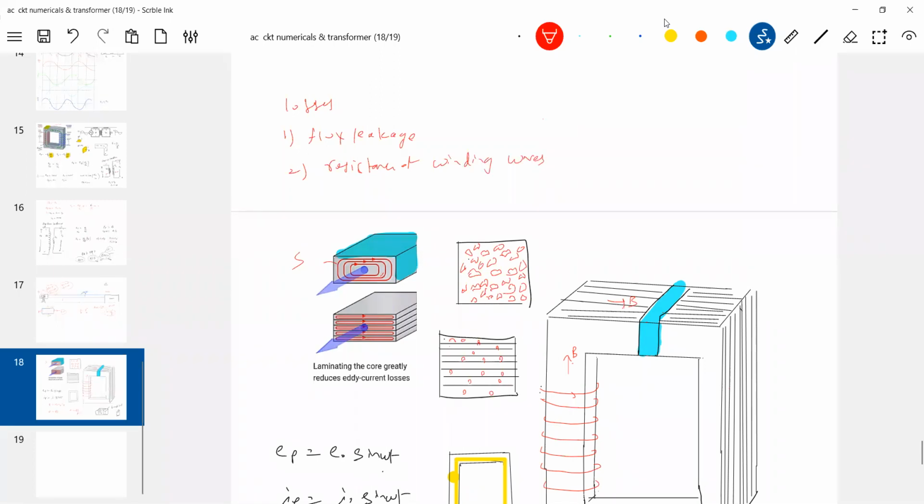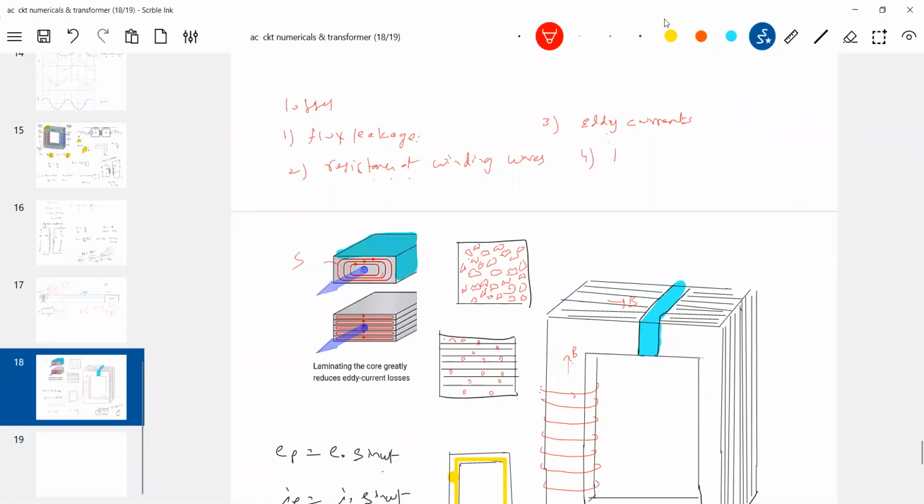Third one, eddy currents. Flux leakage: I will do the winding in such a way that I can minimize this flux leakage. Resistance of winding: by using thick copper wires we can avoid the I square R losses in the primary and secondary of the transformer. Eddy current: by laminating the core.